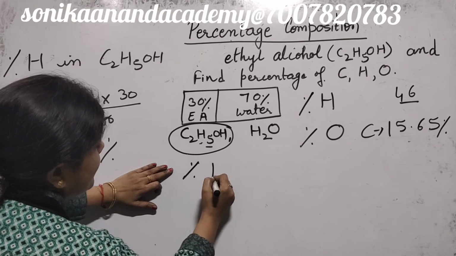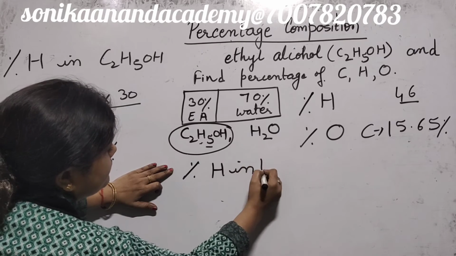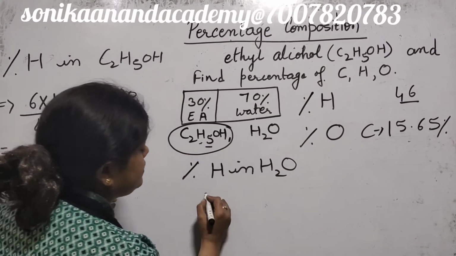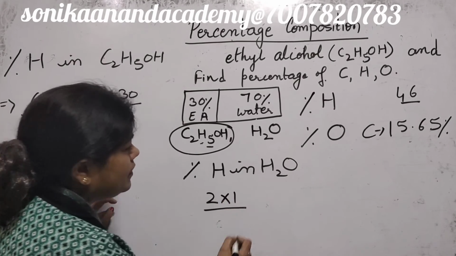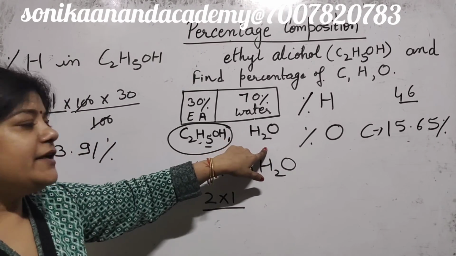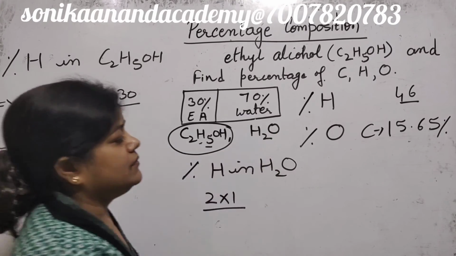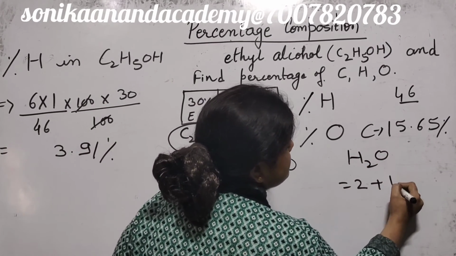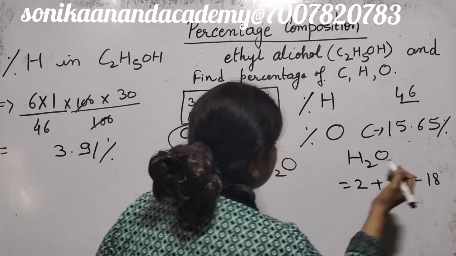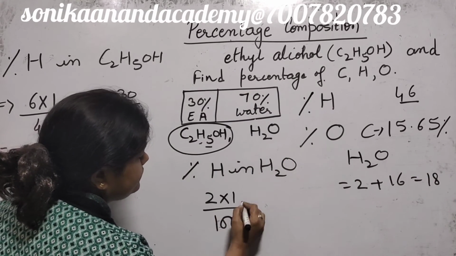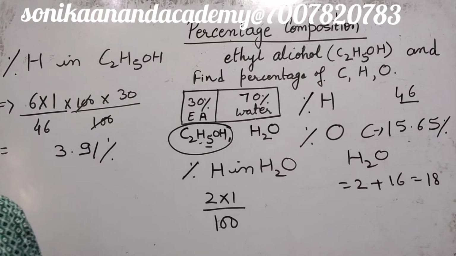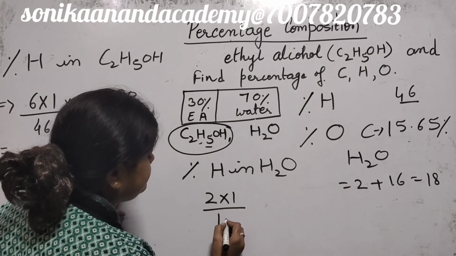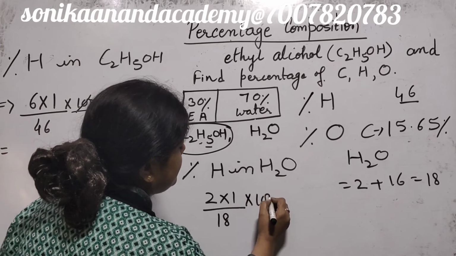Okay. Now, percentage of hydrogen in water. Here we have two atoms, 2 into 1. Molecular weight of water is 18. 2 ones are 2 plus 16. Molecular weight of water, 2 plus 16, that is 18. Clear? So 18 into 100.